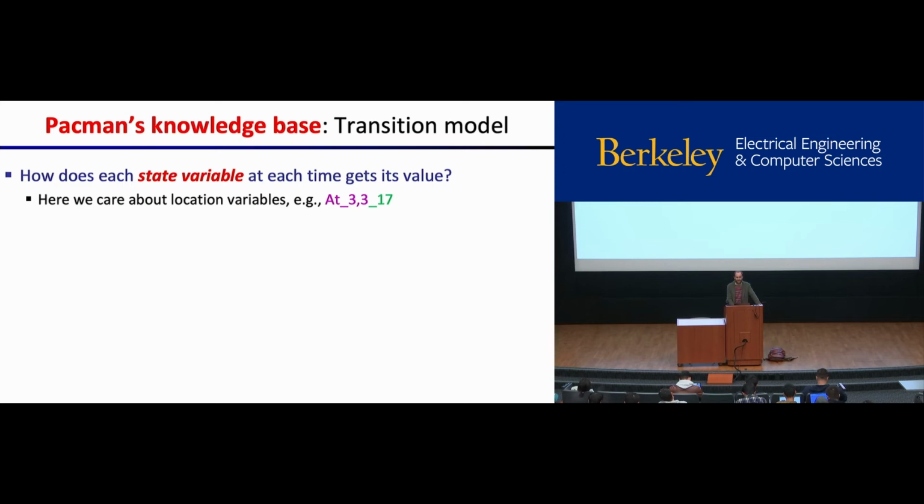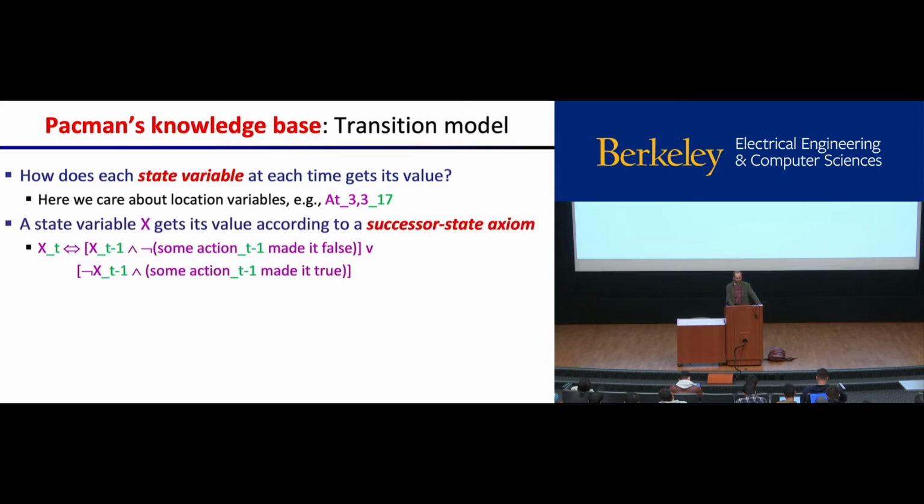Is Pacman at location 3,3 at time step 17? And the general format for writing the rules for state variables, that is values of variables that change over time, is according to this successor state axiom. So X_t is true if and only if one of the following is true.